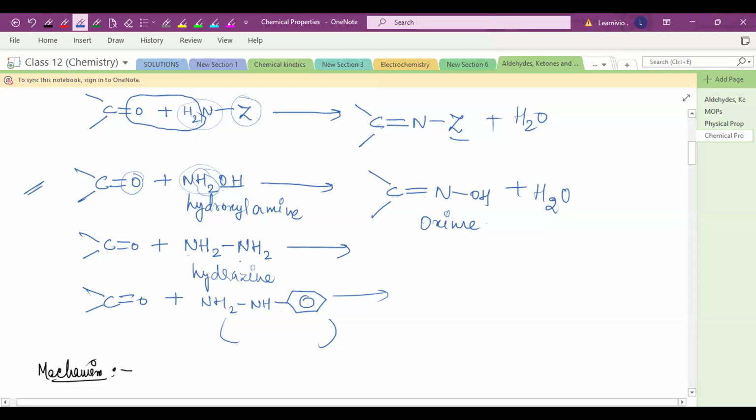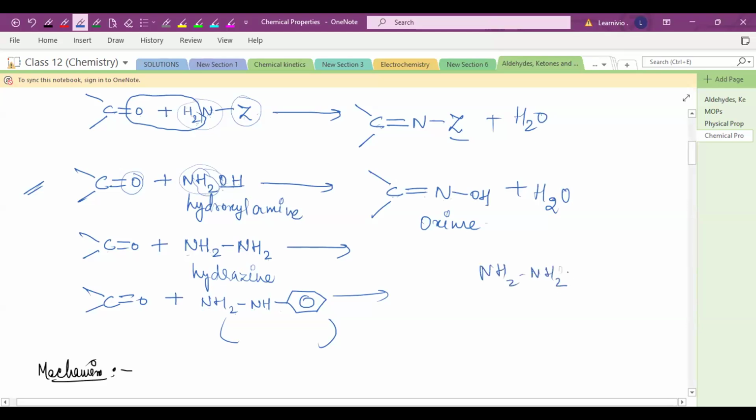Where do you see dihydrogen here? You were there in the previous class. What is this? NH2, NH2. See, this is hydrazine.